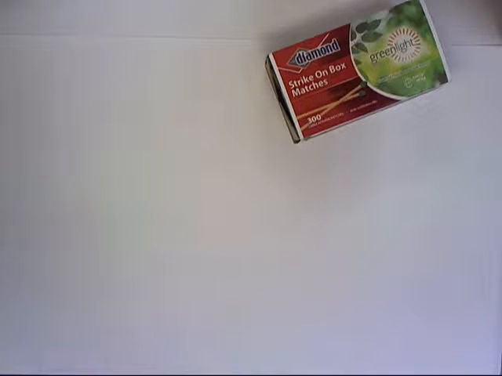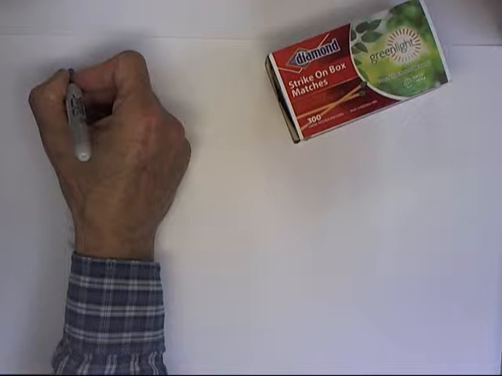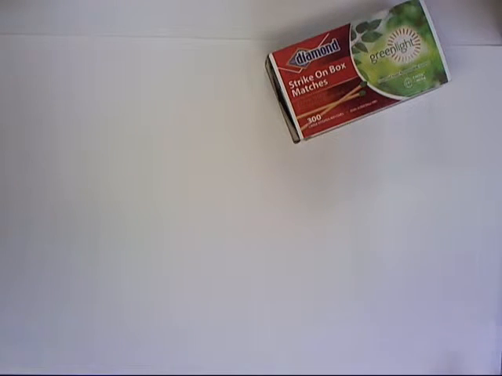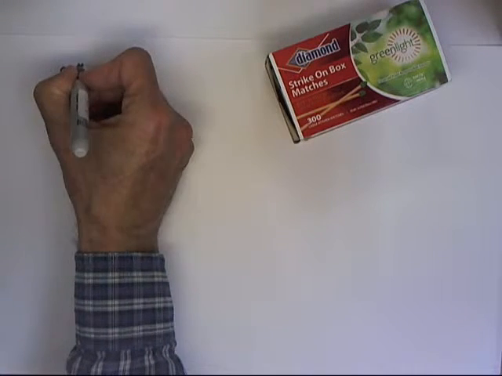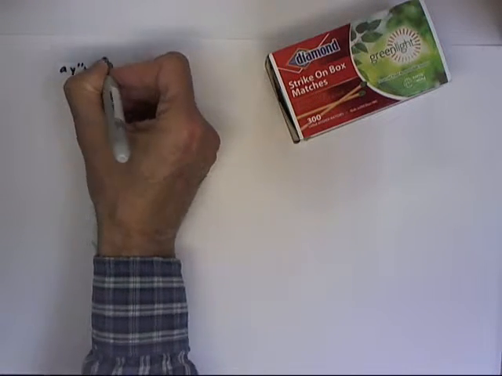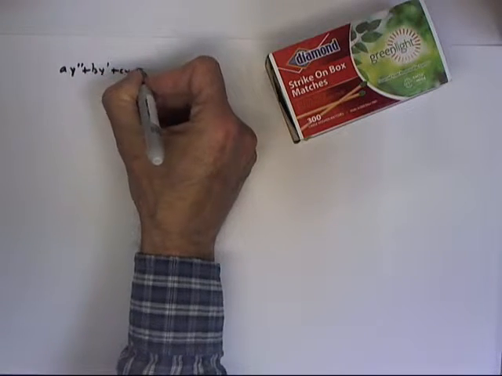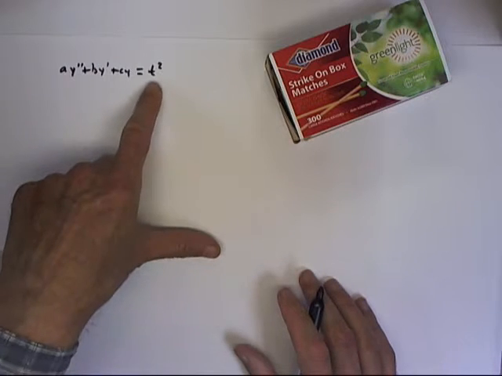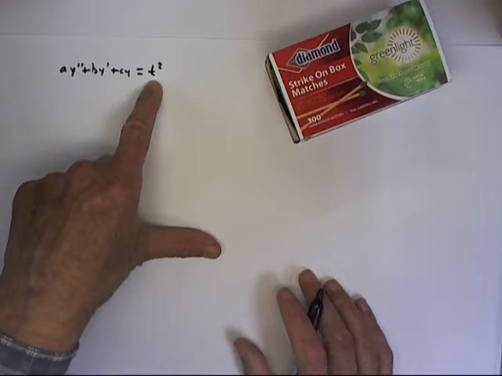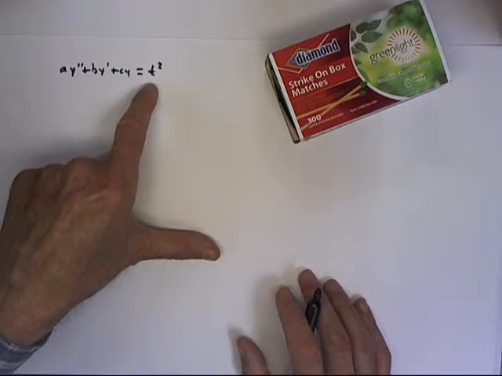Now the question that can arise is, how do we find a particular solution to a given equation? For example, if we have the equation ay double prime plus by prime plus cy equals t squared, how do we know that the solution should be some combination of powers of t?